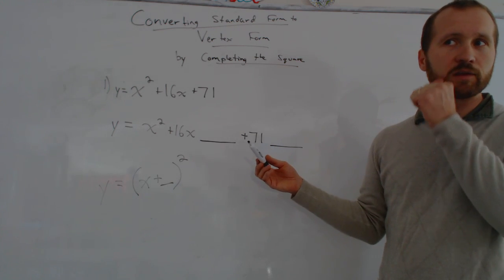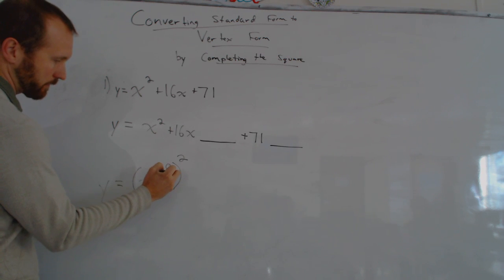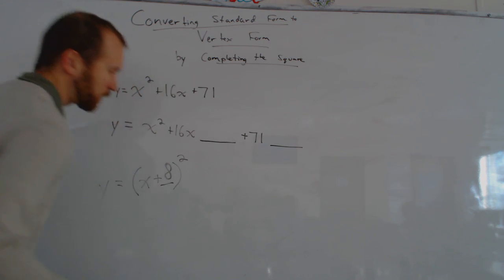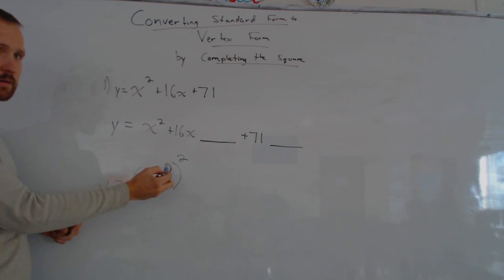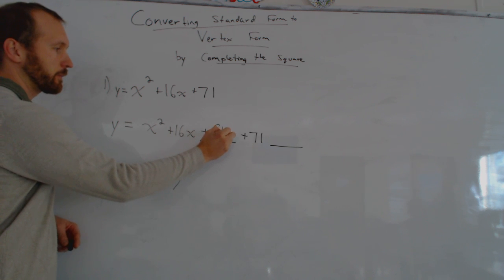All I really have to do is take half of 16 to get this number. If I know that half of 16 is 8, then I can square 8 to get the number that should be right here.